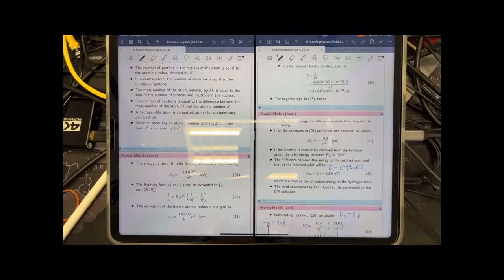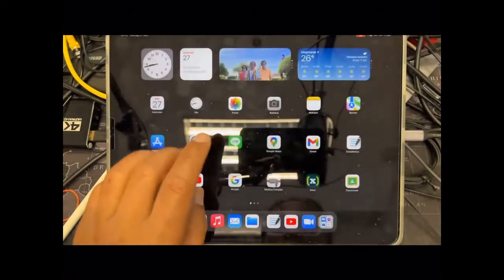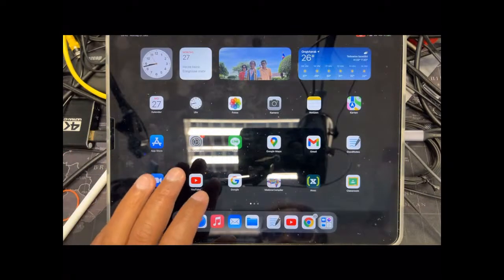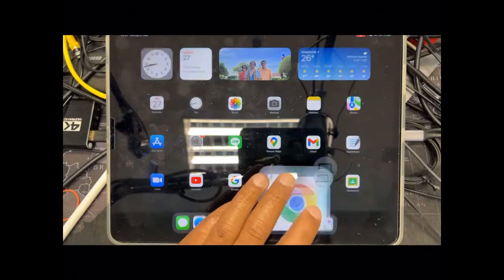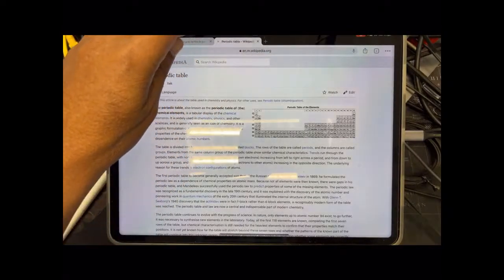Periodic table. Okay, let me bring you to the periodic table.